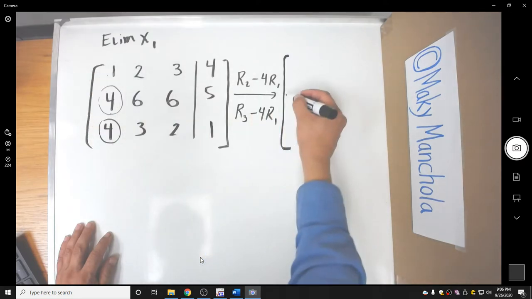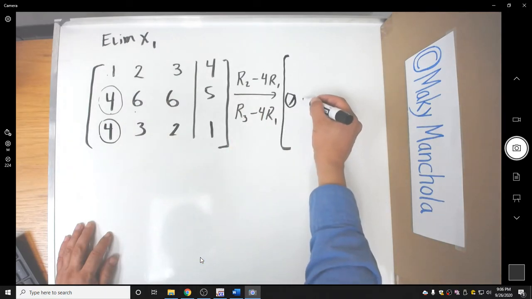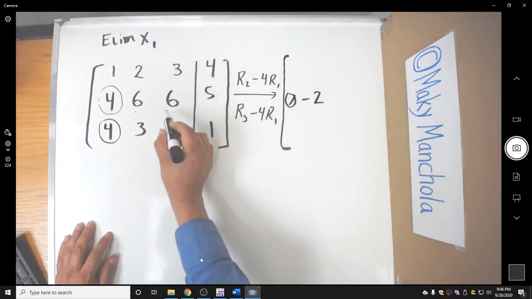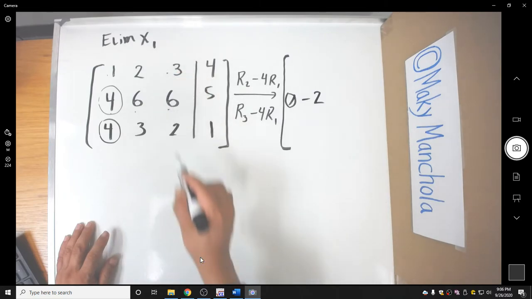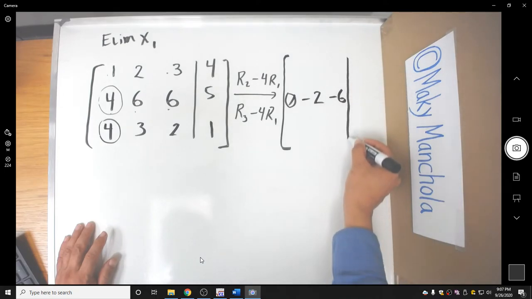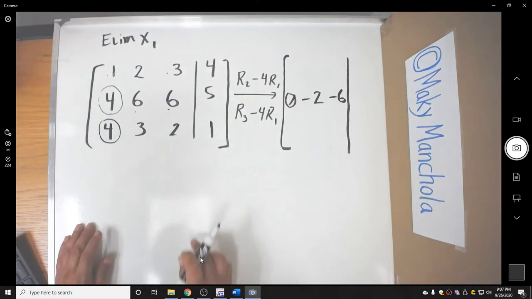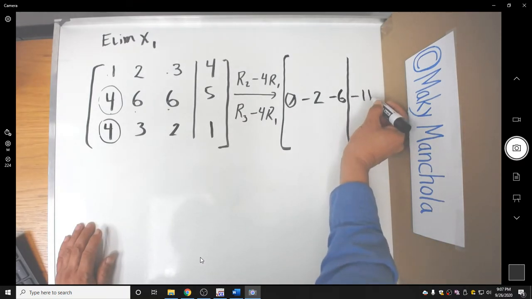4 minus 4 is 0. 6 minus 8 is negative 2. 6 minus 12 is negative 6. 5 minus 16 is negative 11.